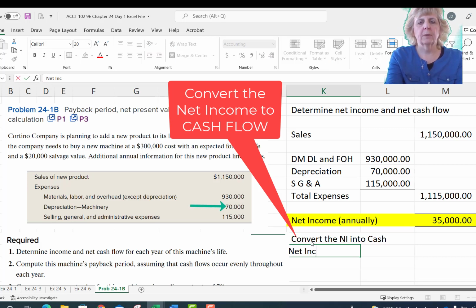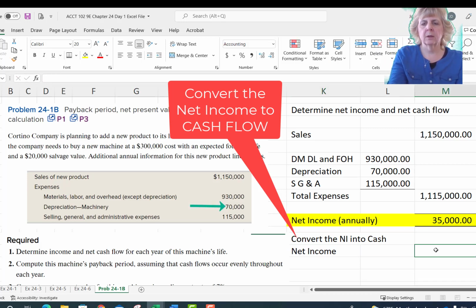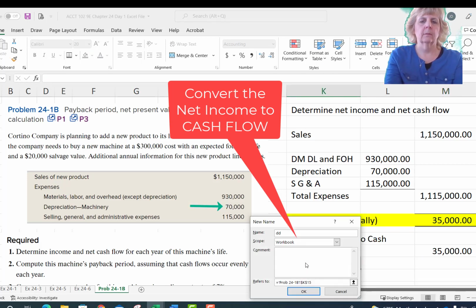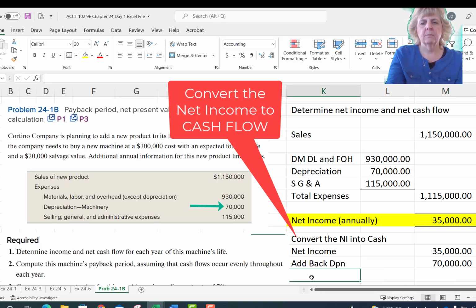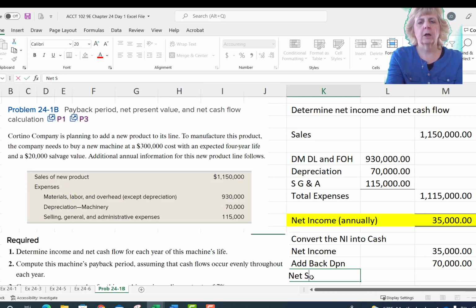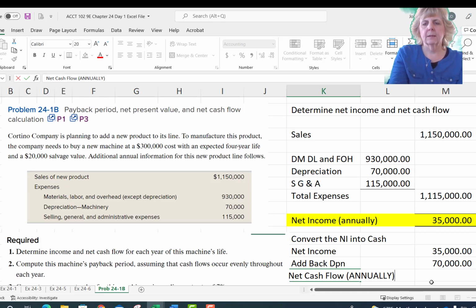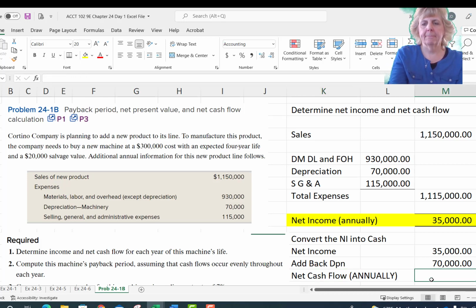So we'll start off with the net income that we just computed up above, and we'll add back depreciation. And that depreciation was given to us as $70,000. That means that our net cash flow, and again, I'll mention that that is annually, so we don't forget, is the sum of those two.